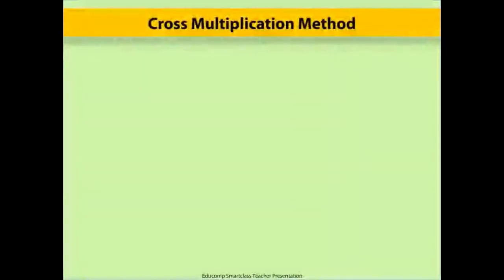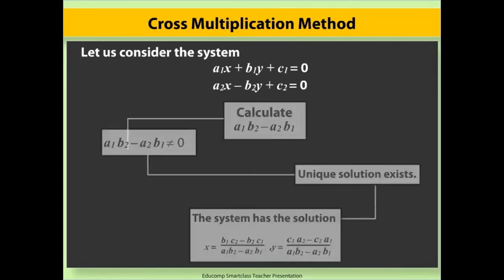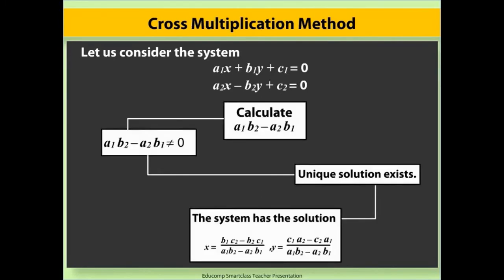Cross multiplication method. Let us consider the system a1x + b1y + c1 = 0 (Equation 1) and a2x + b2y + c2 = 0 (Equation 2). Calculate a1b2 - a2b1. If a1b2 - a2b1 is not equal to 0, a unique solution exists.